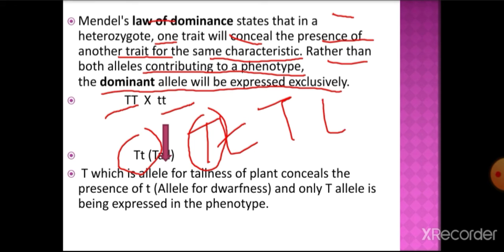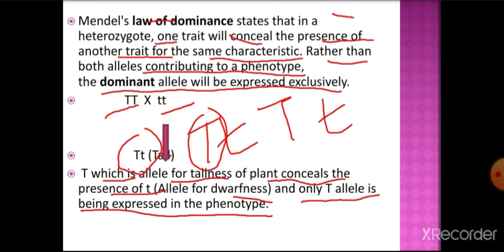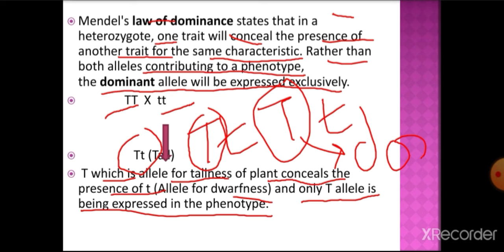The small t allele for the dwarfness of the plant was not expressed at all. That means the capital T, which is allele for tallness of plant, conceals the presence of small t allele for dwarfness, and only capital T allele is being expressed in the phenotype. That means this capital T is dominant, right? While this small t is recessive. So capital T for tallness is a dominant character.